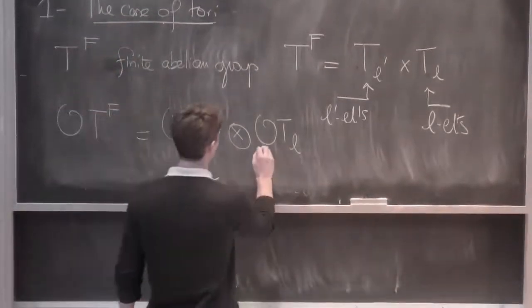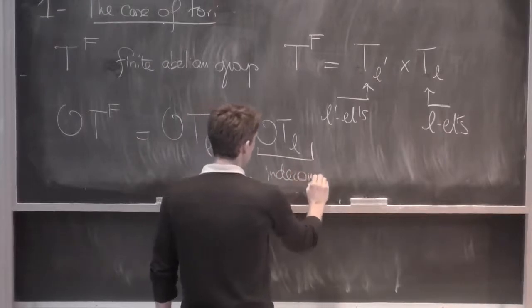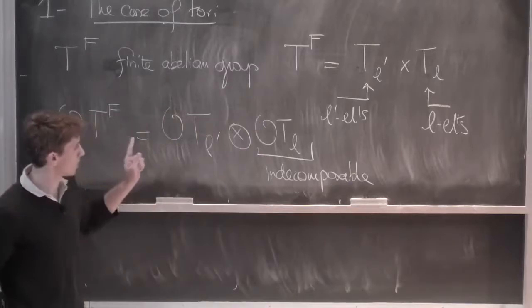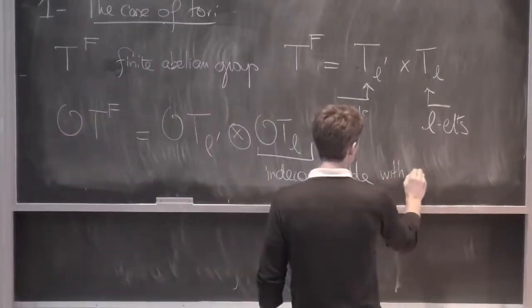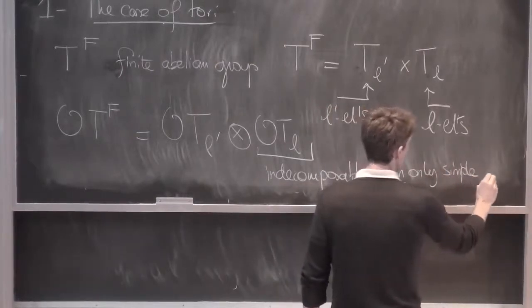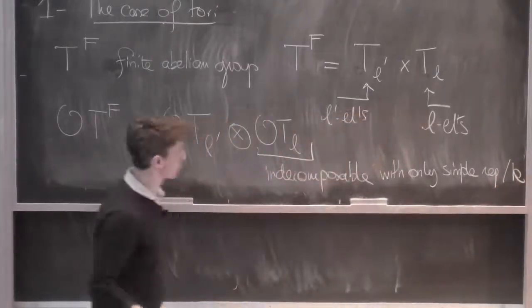So this one, you've seen in Radha's talk that this is indecomposable, and you have only one irreducible representation over K, which is just the trivial representation, okay?